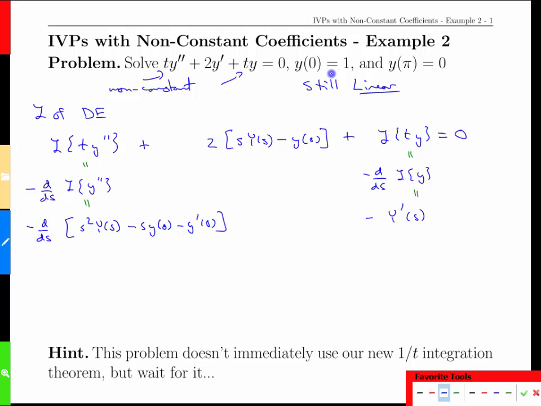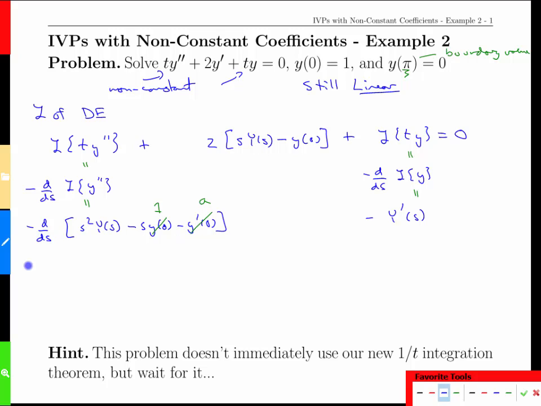We know one of those values is 1. And we know the other, well actually we don't know the other value. We have to be careful here. This is not an initial value, but a boundary value. Somewhere later on the value is 0. To make the calculations easier to follow, we use the letter a here for now, and we'll use this boundary value later on to find out what a is.